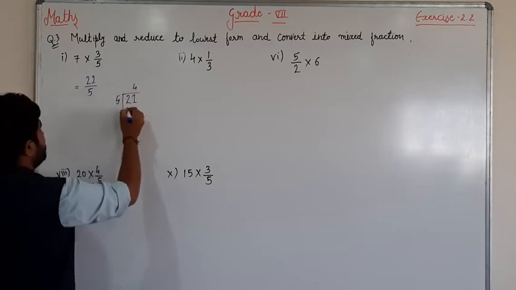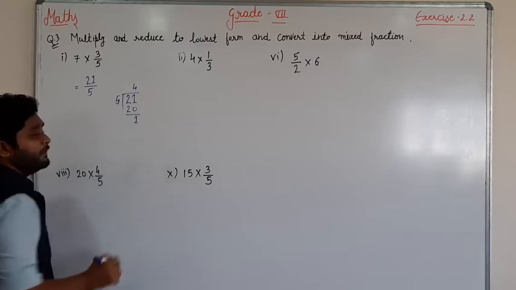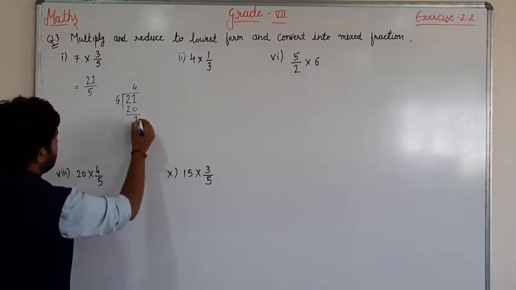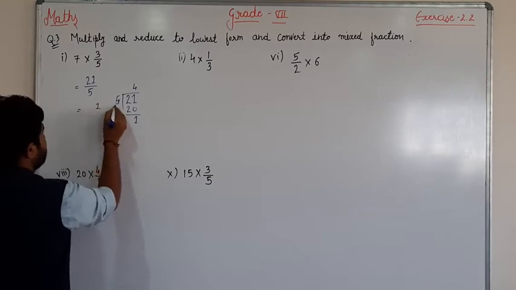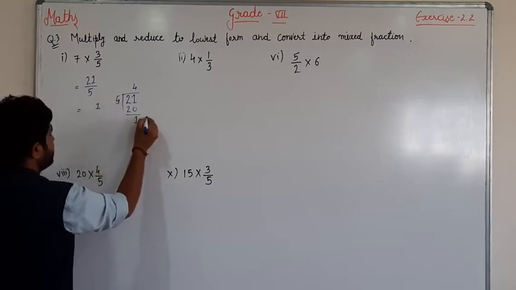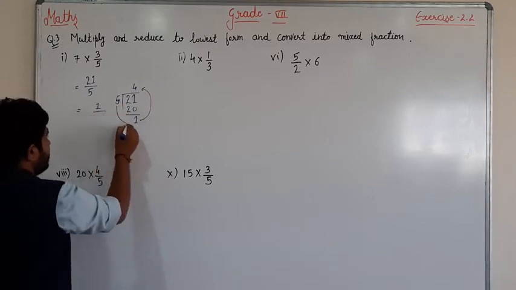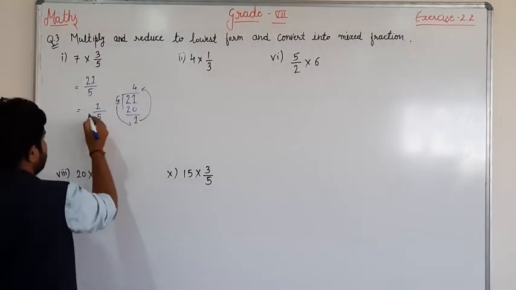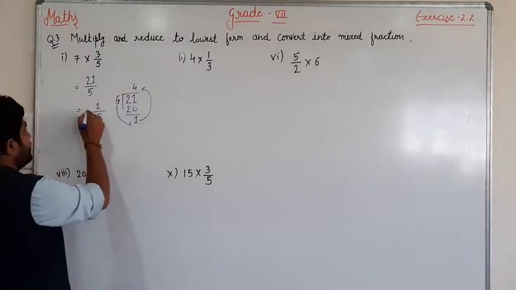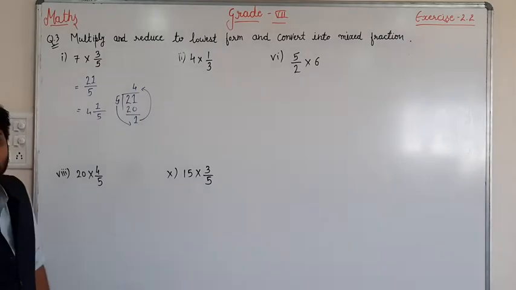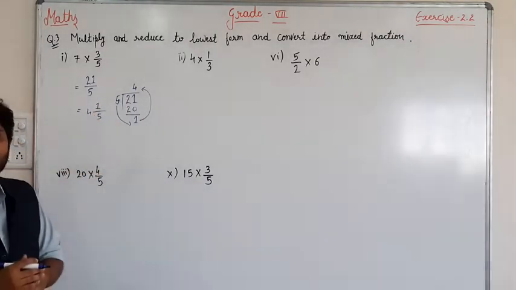We know that 5 4s are 20, so 1 minus 0 is 1. This 1 goes to the upside, this 5 goes to the downside, and this 4 comes over here. So this is the mixed fraction. 5 4s are 20, 20 plus 1, 21.